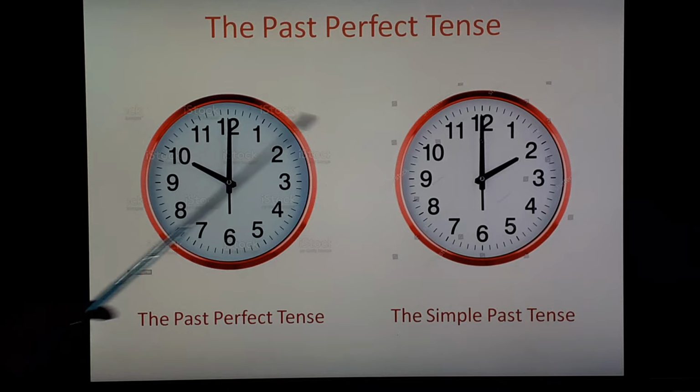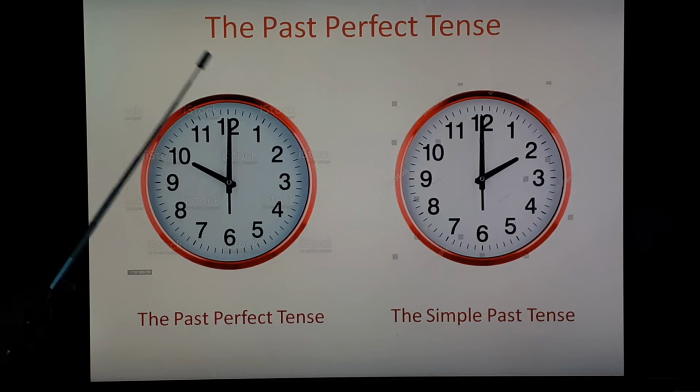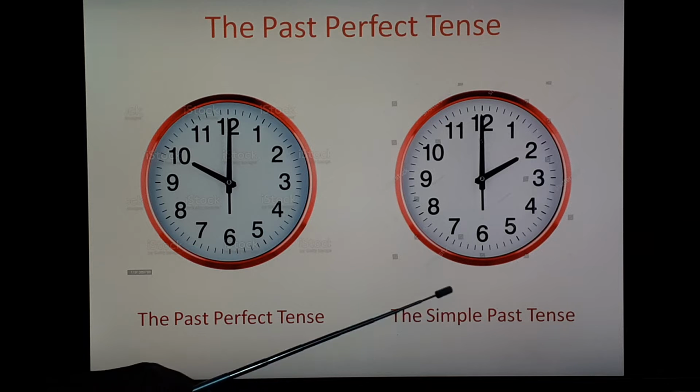So two actions must be there in past perfect tense. Let's see with the examples.